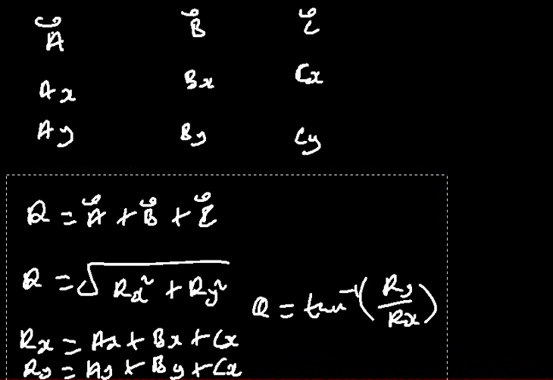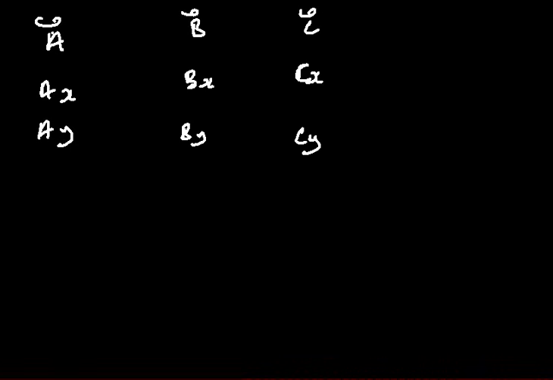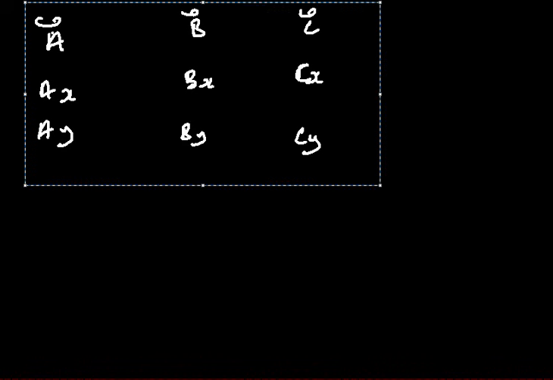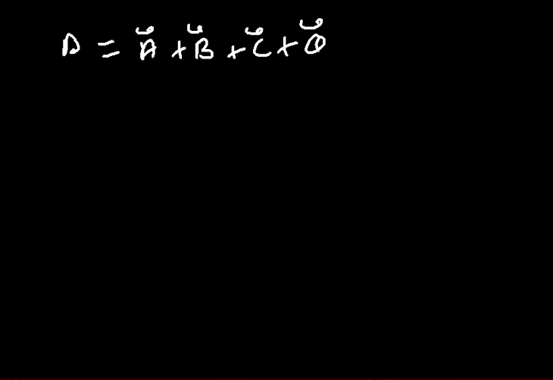And let's say we have a system of four vectors, where vector D is equal to vector A plus vector B plus vector C plus vector Q. In this case, vector D is the resultant of the other vectors.